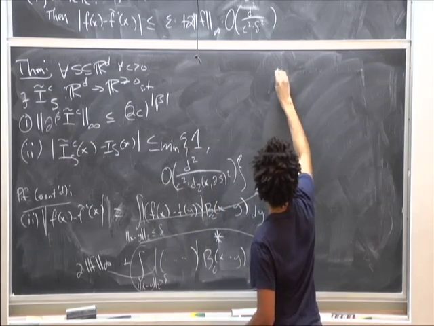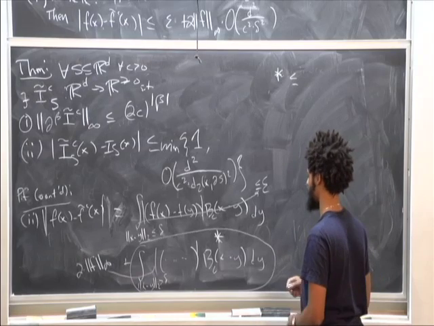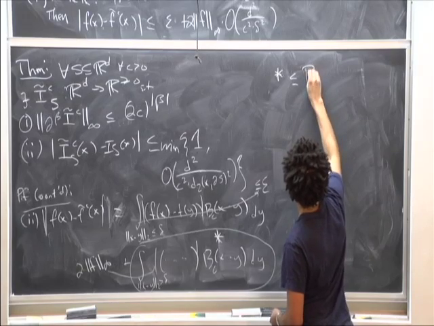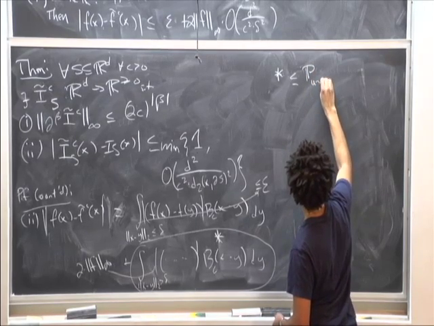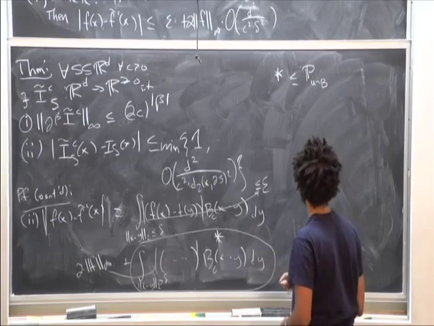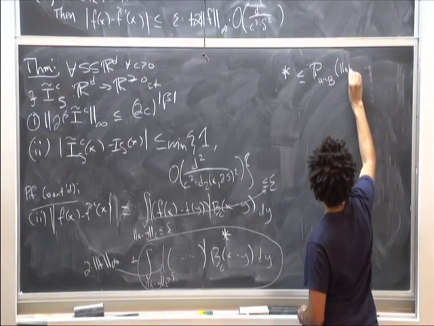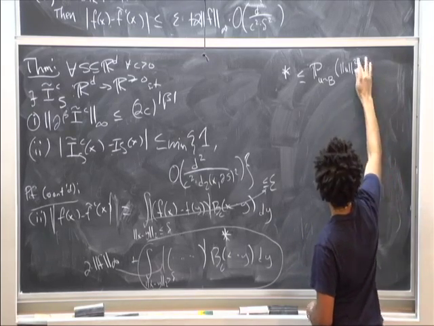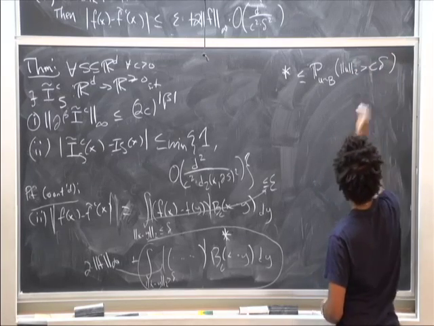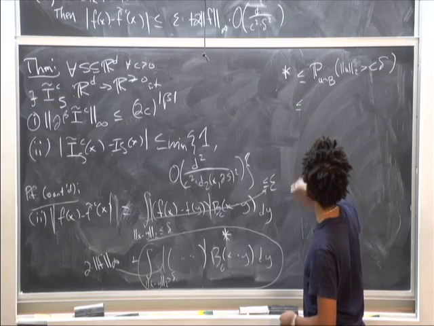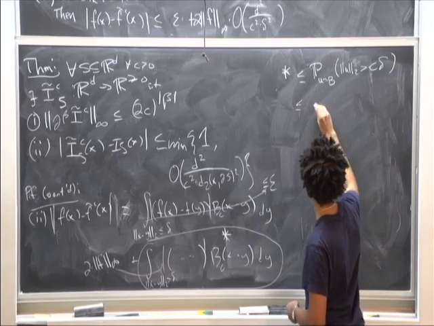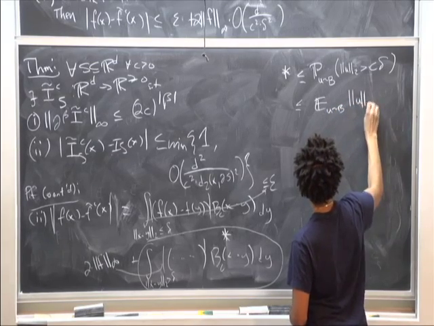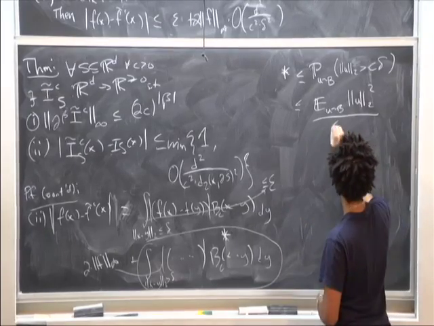We have that star is at most, once you do a change of variables, the probability of u coming from a distribution B that the L2 norm of u is greater than c delta, which is at most, by Chebyshev's inequality, the expectation of u coming from B of the L2 norm of u squared over c squared delta squared.